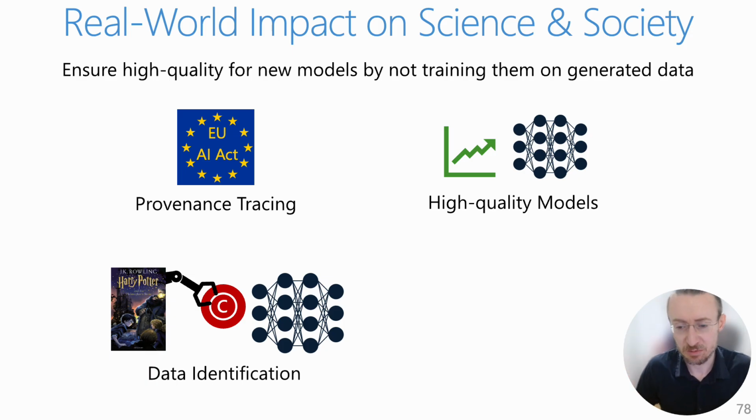For the next models, OpenAI wants to ensure that they are not trained on data that comes from the previous models. What we want to avoid is, for example, certain biases in the generated images, or images that have hallucinations. So we really want to avoid training new models on this generated content.